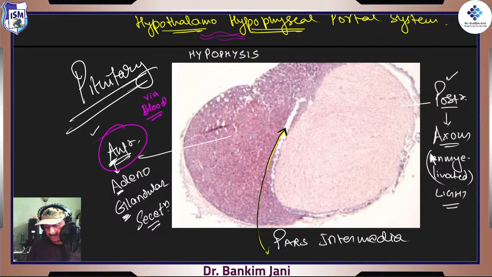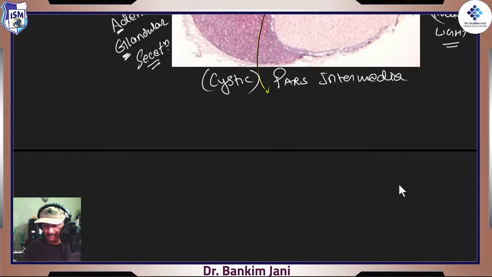Now it is like a blank space. It is cystic, right? It is cystic. When we figure out what exactly it is, there is one name which you have to remember. It is the remnant, right? It is the remnant of Rathke's pouch.